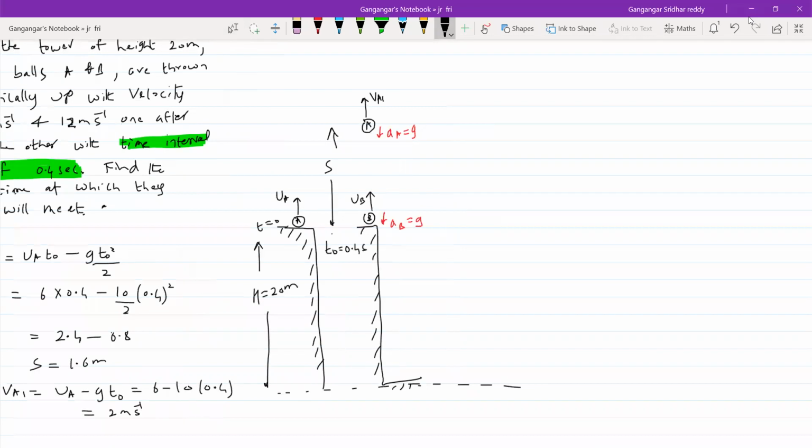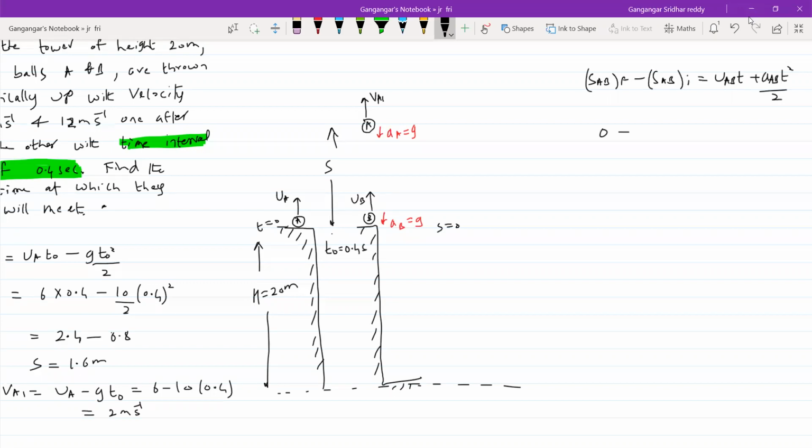Yeah, we'll solve it here. SAB final minus SAB initial equals UAB t plus, this will be 0. So, to measure the position of A and B, I'll take the initial position of B as reference.